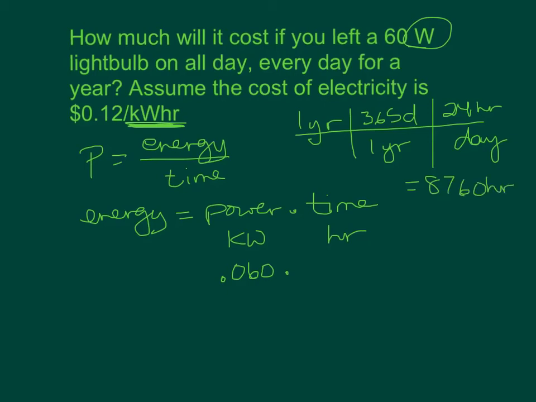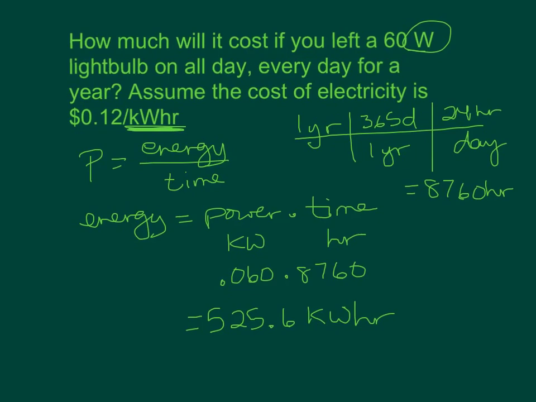So 0.06 times 8,760 gives us 525.6 kilowatt hours, because we changed our watts to kilowatts, and this is the number of hours in a year, so kilowatts times hours makes kilowatt hours. So now we know how much energy we used.